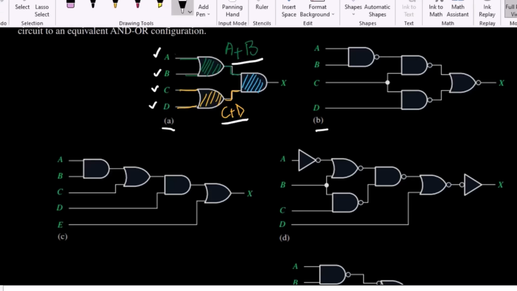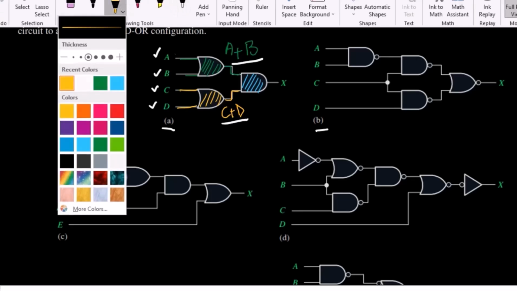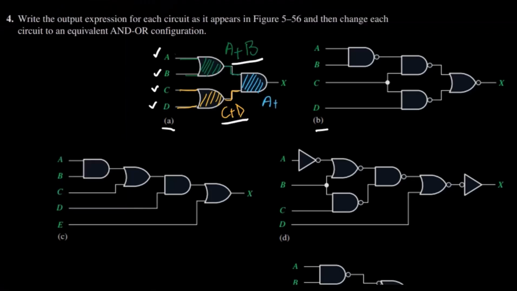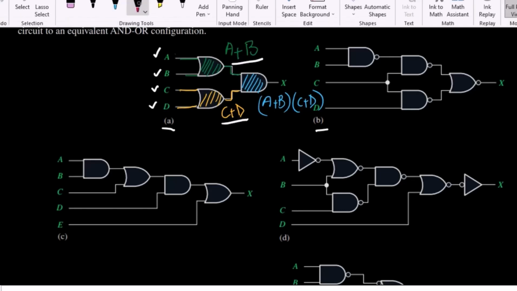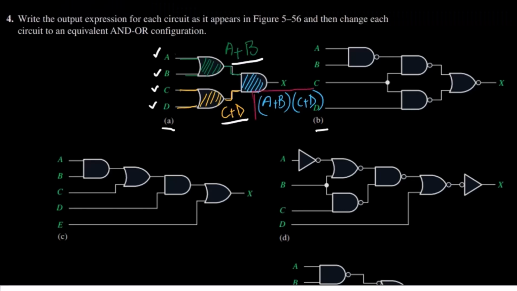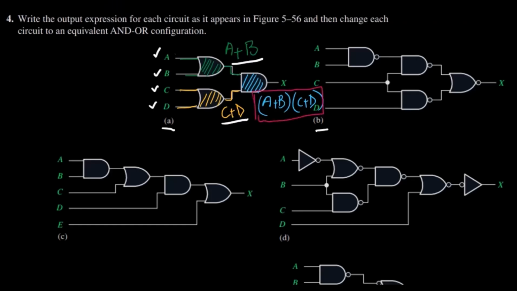So at the output we will get A plus B multiplied by C plus D. That is the answer to part A of this question. So this is the output of it.